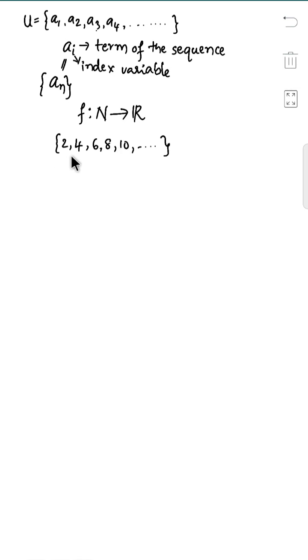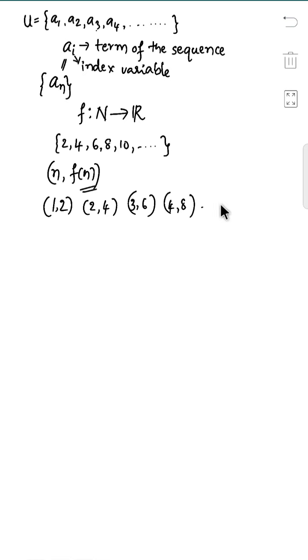If you write n and f of n together as a tuple, then we can point out those points in the graph. The first term of the sequence is 2, so (1, 2), and the second term is 4, so (2, 4), the third term is 6, the fourth term is 8. It can continue like this.